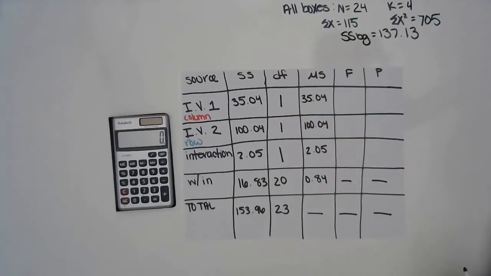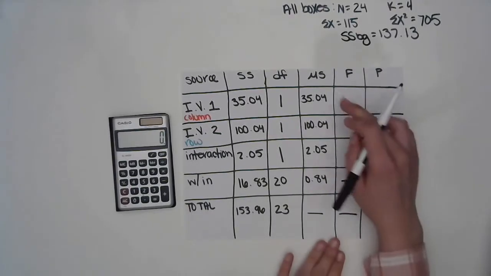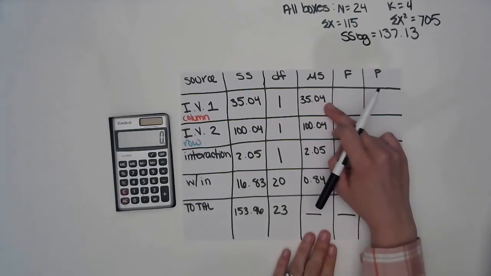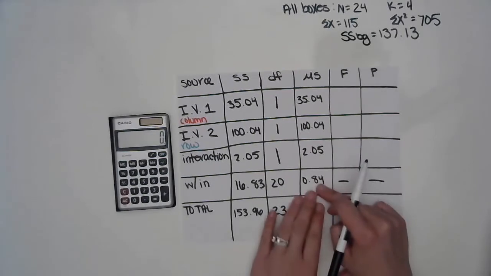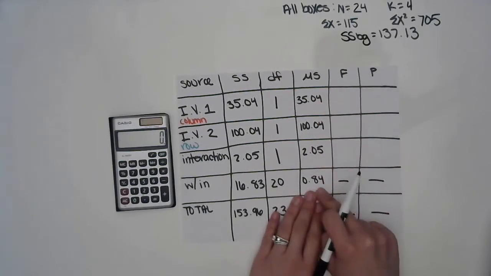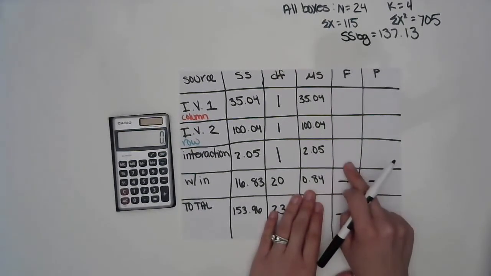Okay, next let's find those F values. You can look at the solutions on that table that I showed you. Another way that you can do it is you can take your MS value here and divide it by your MSW. So you're going to take each one of these numbers and divide it by this number here and put it into the corresponding column.